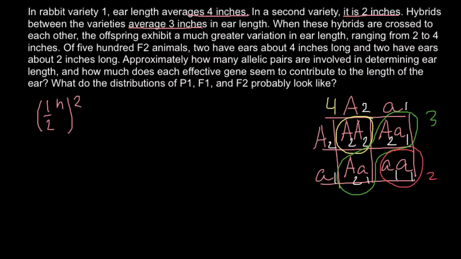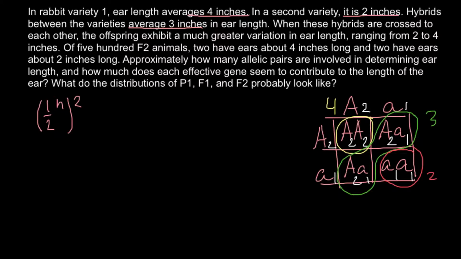Here would be the extreme genotype of one parent, which is 4 inches. Here would be the phenotype of the second parent, which is 2 inches, and the F1 generation, when we cross these two, would be heterozygous, and that's why we have 1/2 here, heterozygous, averaging between these two extreme phenotypes.